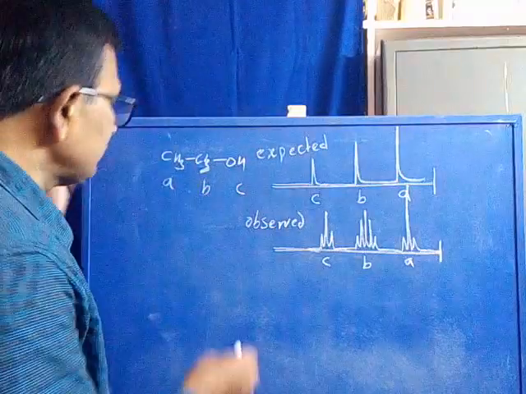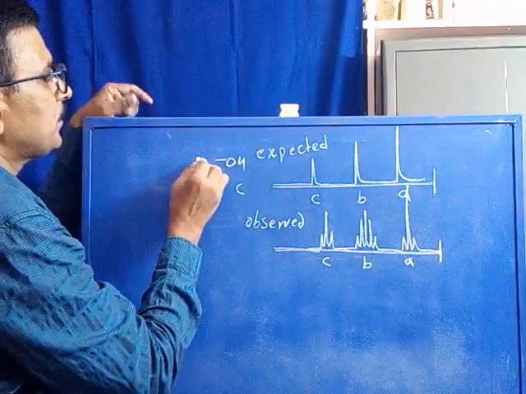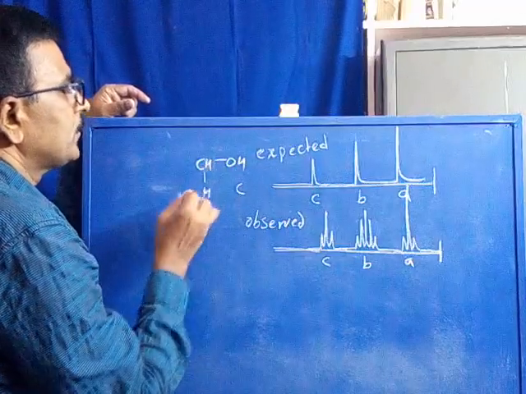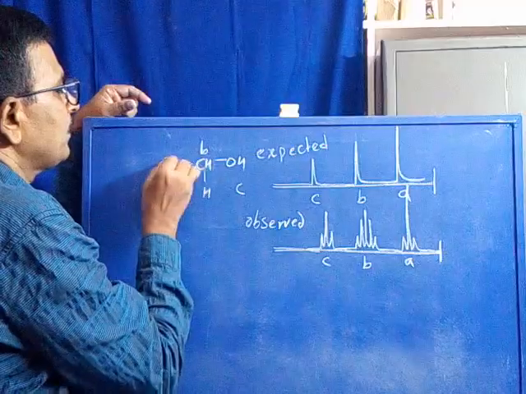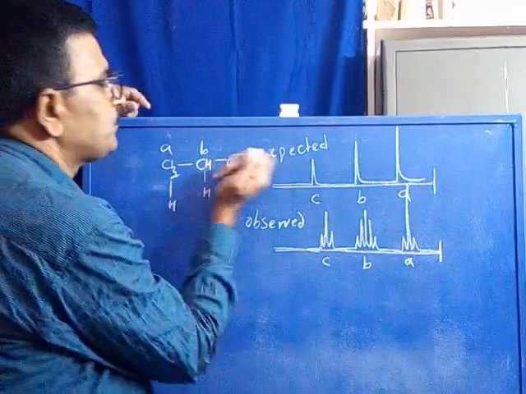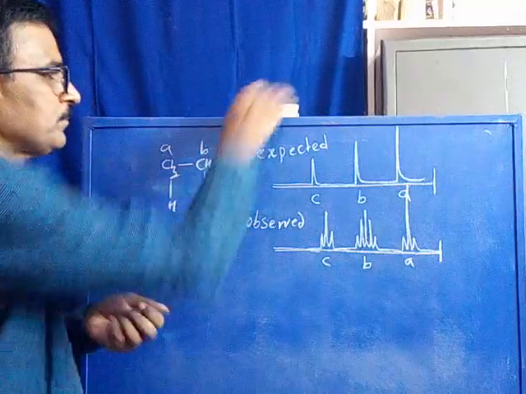Say, this is the B set, CH2, A set. I am separating the hydrogens. This is C, hydrogen.